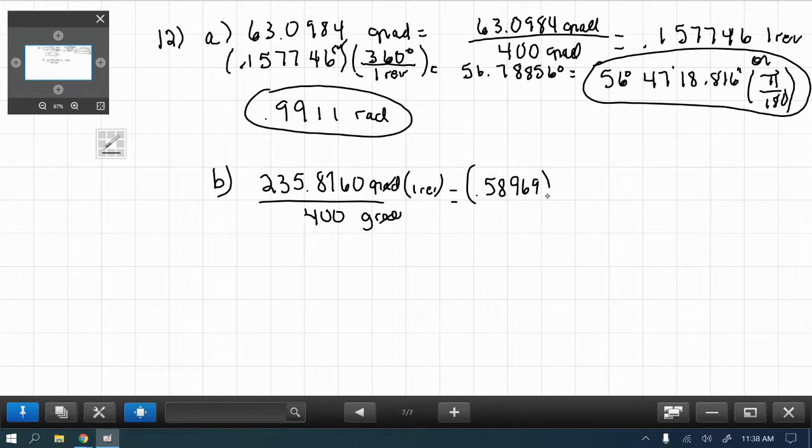We want to multiply that by 360 degrees and go ahead and convert it to decimal degrees in your calculator.